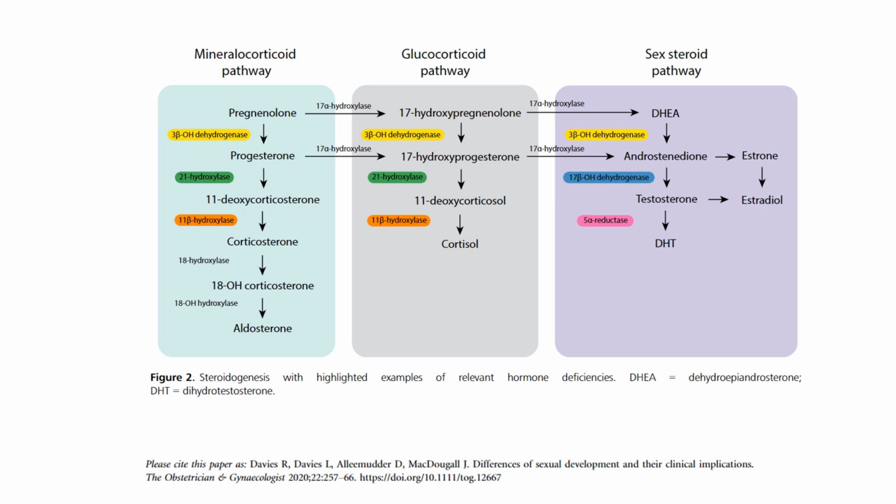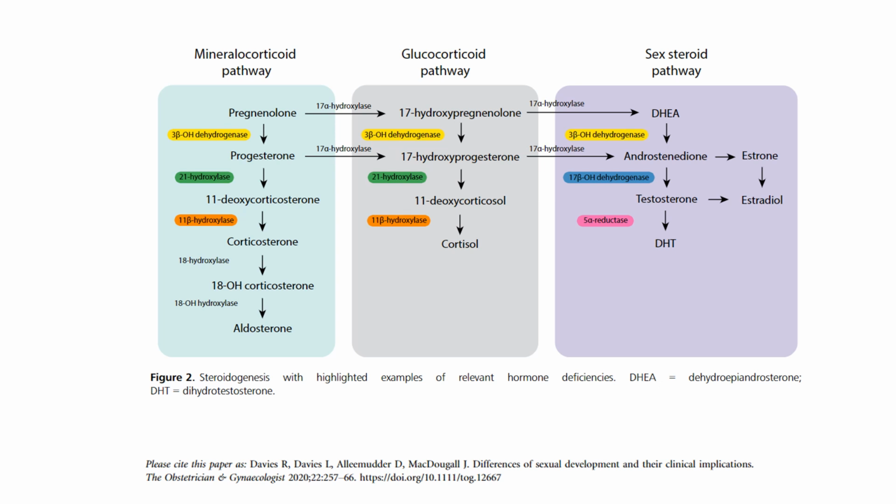So you've got your mineralocorticoid pathway, glucocorticoid pathway, and sex steroid pathway. As you can see, there are multiple enzymes involved at every stage of the pathway in order for it to be a success.